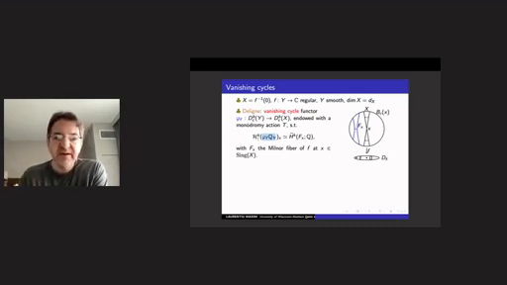Don't worry too much about this, but it is a complex of sheaves. If you take the cohomology objects and the stalks at the singular point, you recover exactly the reduced cohomology of the Milnor fiber. So in this sense, you're sheafifying this local information into a global object, into a constructible complex.